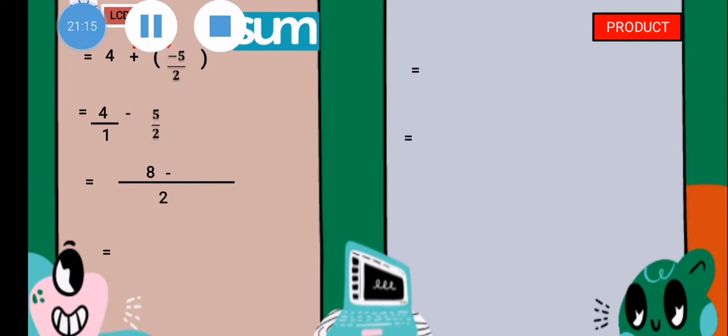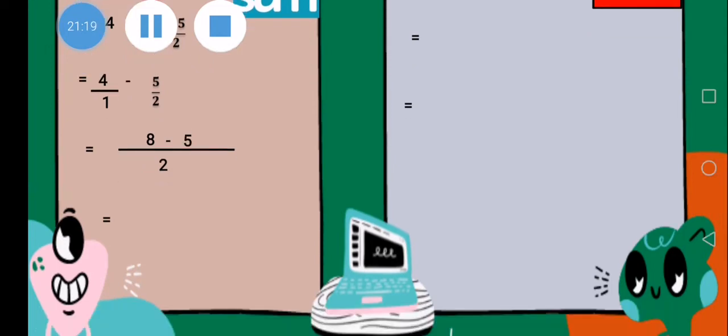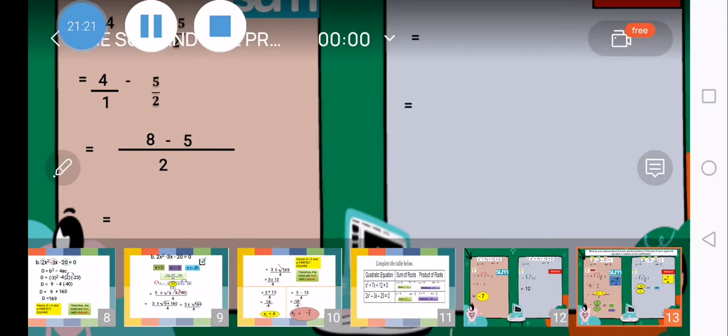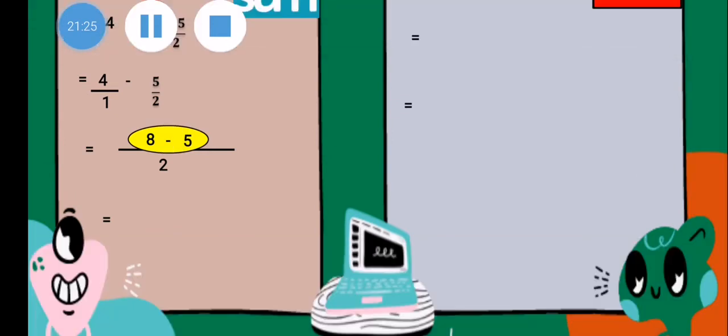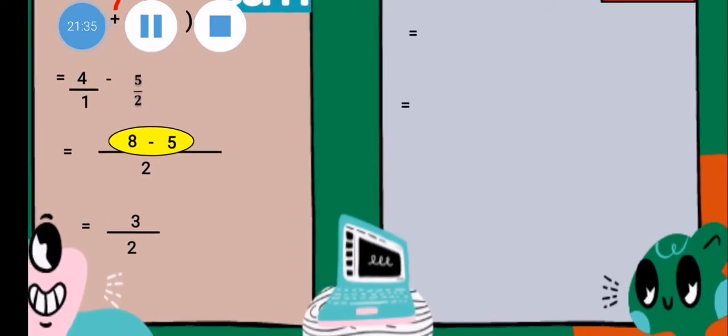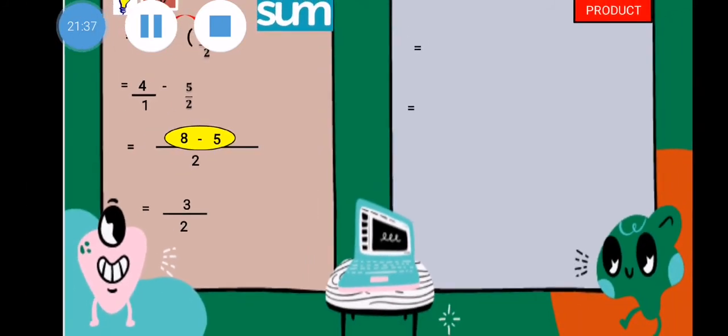So, 2 divided by 2 is 1 times 5. Yan po ay 5. And then, simplify natin. 8 minus 5. Yan po ay 3 over 2. So, positive po siya. Or, pwede rin po natin siyang i-convert to mixed number, no?